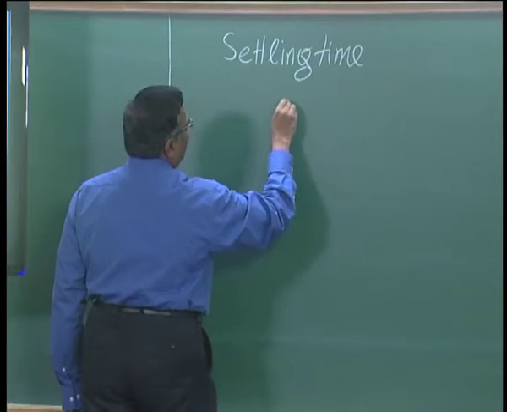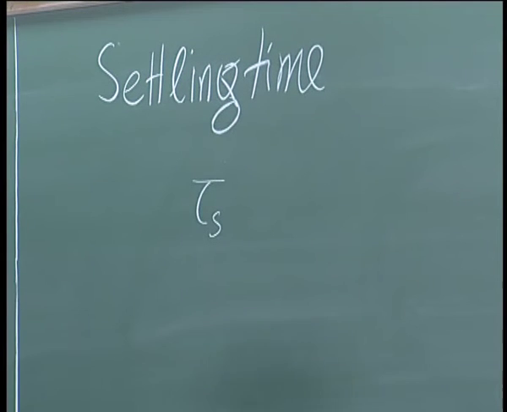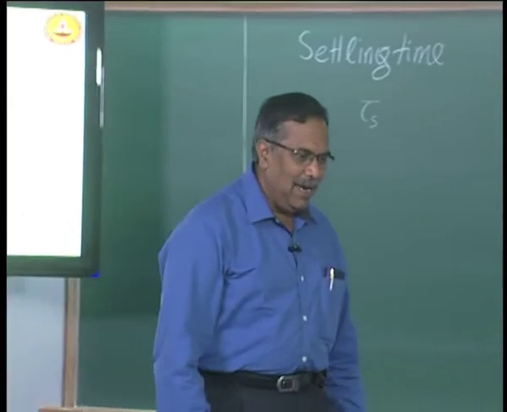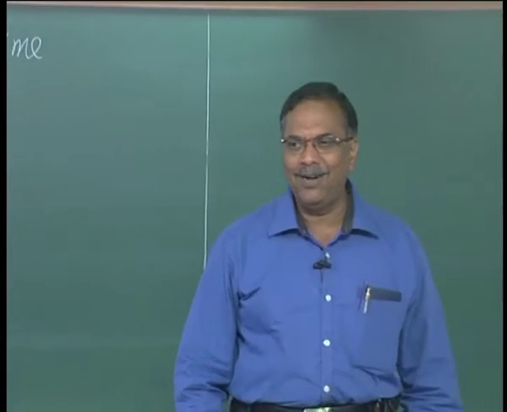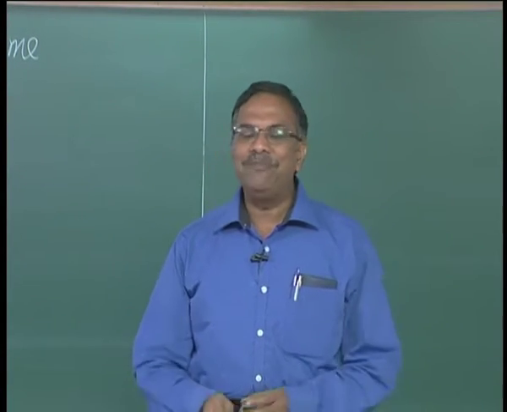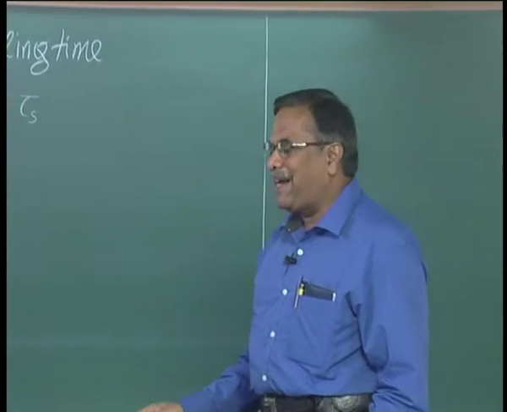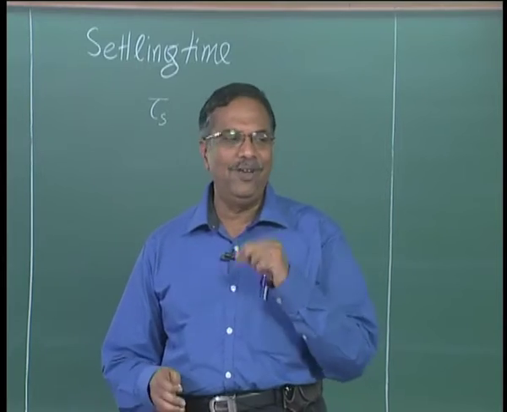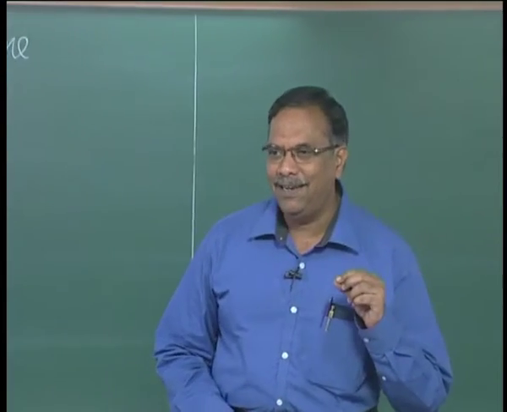So settling time we normally indicate by the variable tau s, the time required for the meter to indicate the final value, and those of us who already have a knowledge of second order systems know this final value can be reached only at time t equal to infinity. But for all practical purposes after some time the difference between the final value and the value indicated is so small that we can say that it has reached the final value.